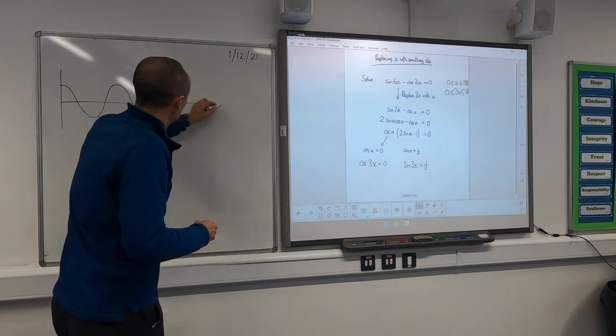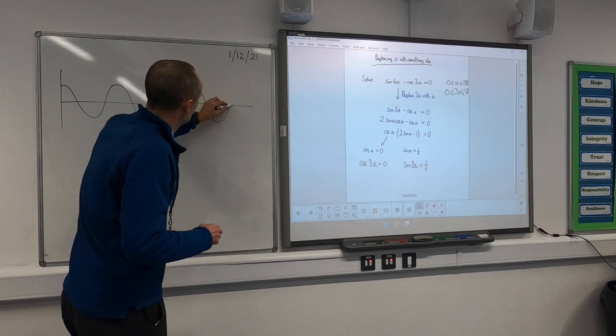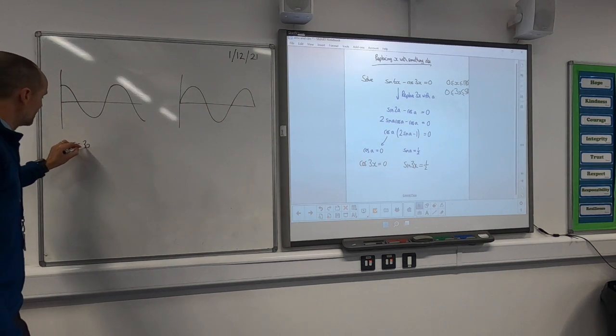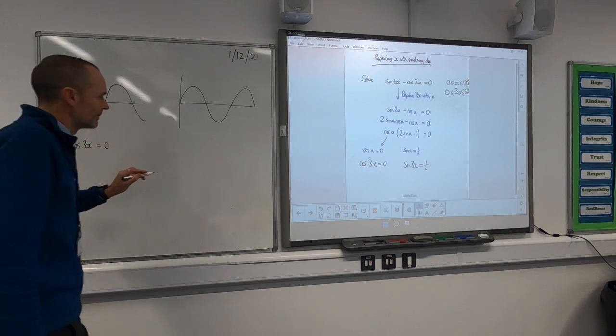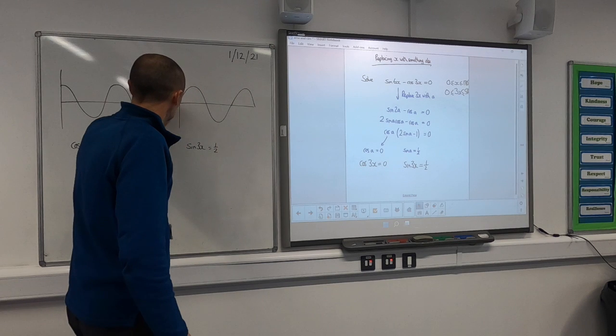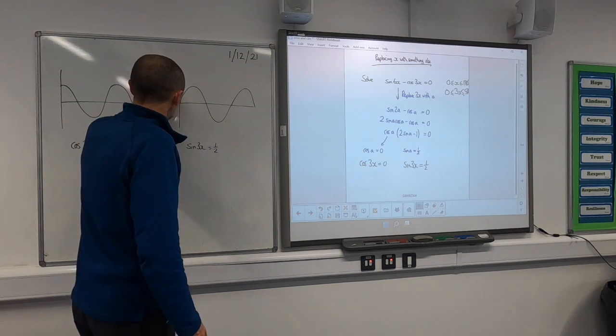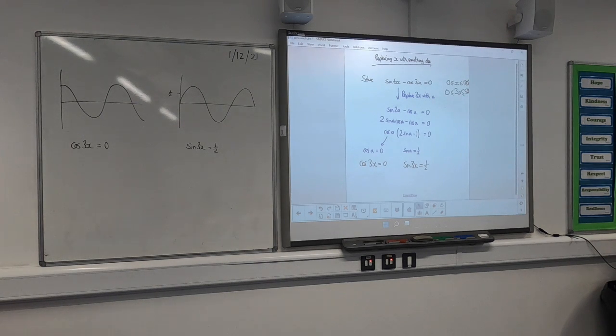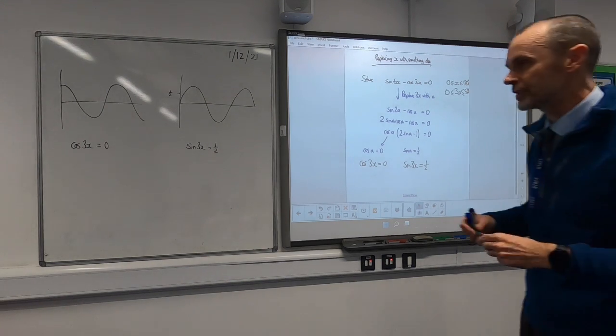For sine, it will be 2. So once you get your 3x solutions, and remember we find all of them first, you then just divide them by 3 to get your x solutions.